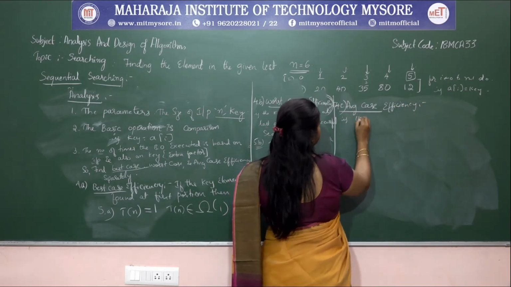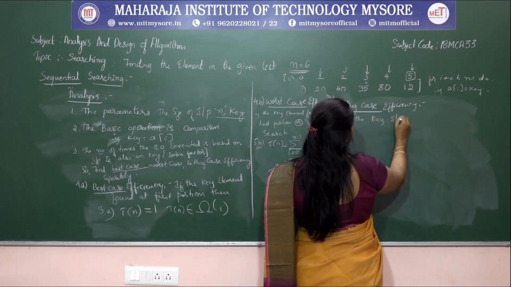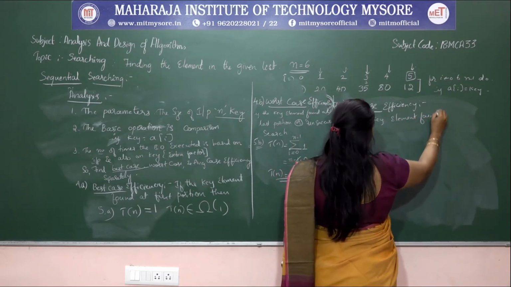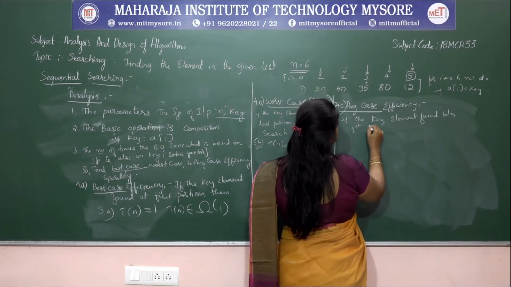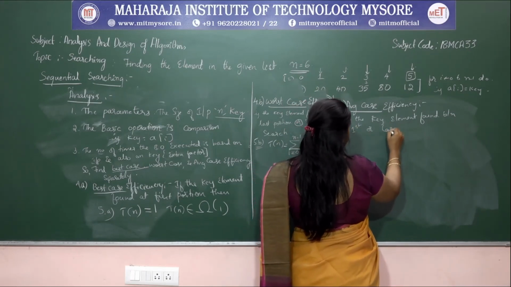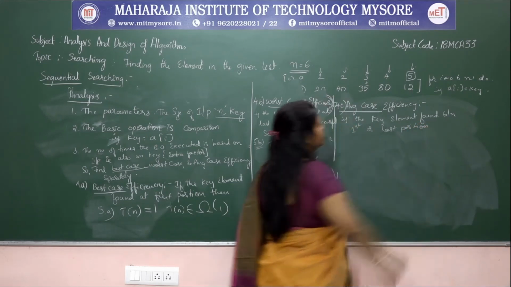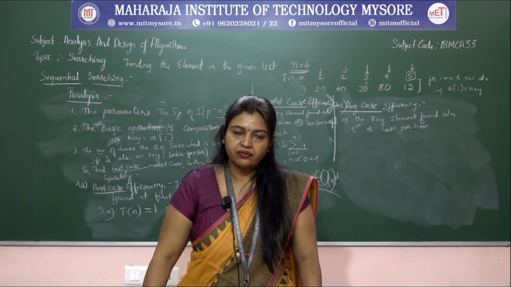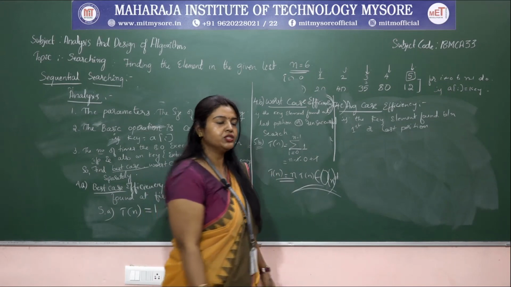So if the key element is found between the first and last position, then this will be considered as the average case efficiency of the linear search, or sequential search.